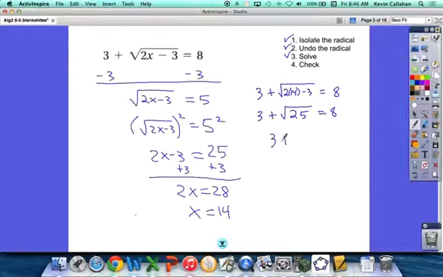And 3 plus 5 equals 8. That's a check. If that answer doesn't check, it's not because it's extraneous. It's because you did something wrong.